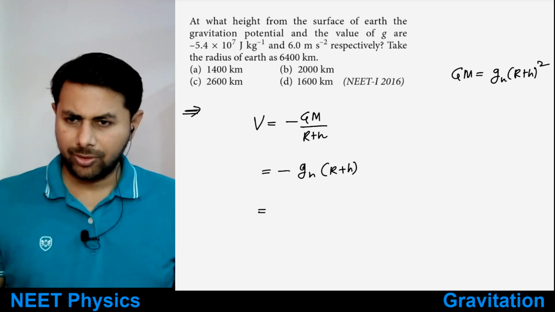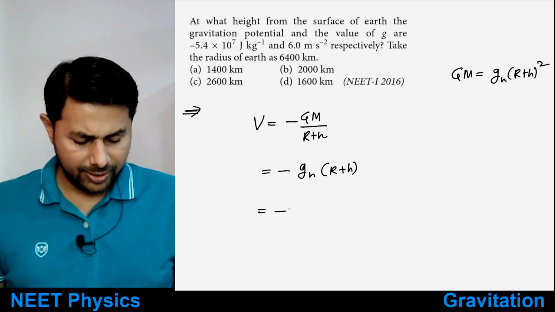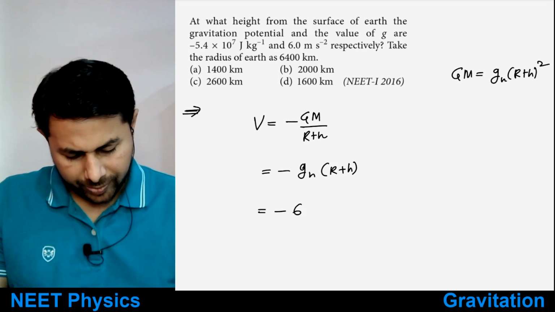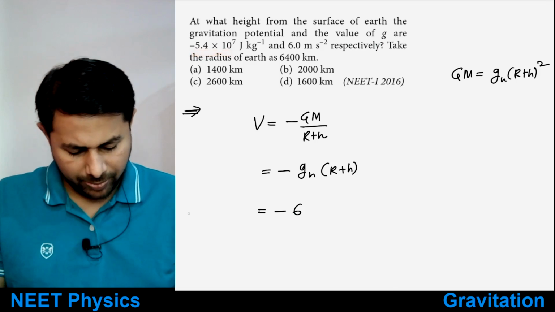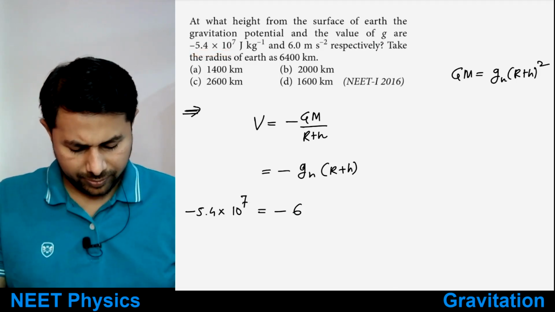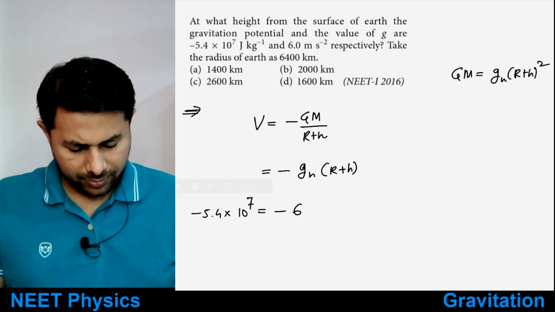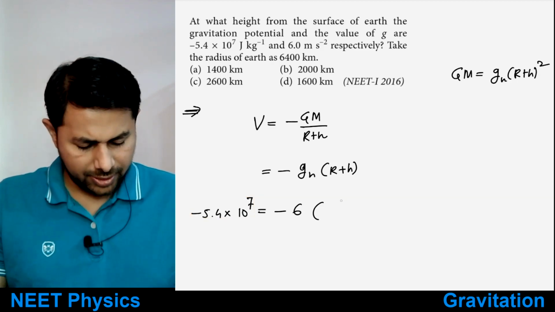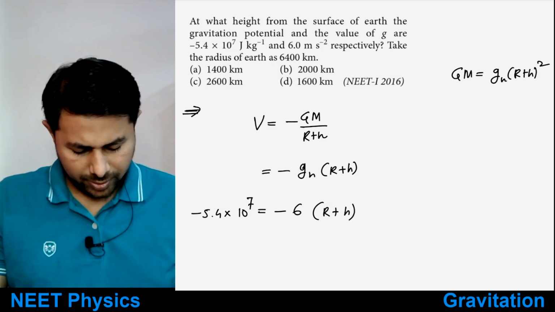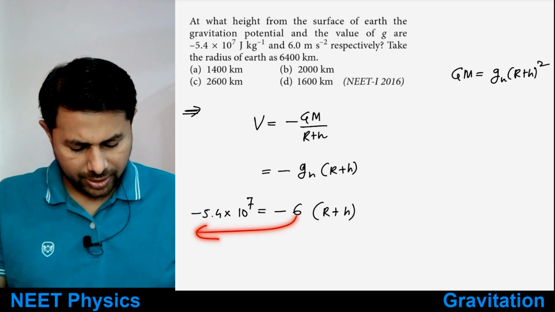All right, so put the values. What's given? Gravitational potential is minus 5.4 multiplied by 10 raised to 7, and it is g_h times (R plus H). Let's keep it R plus H for now, and then you can move this 6 to the other side.